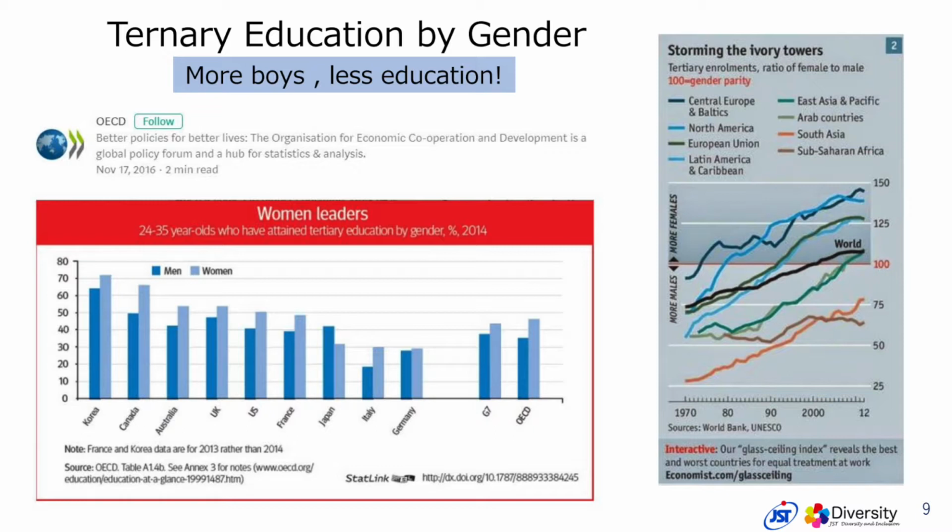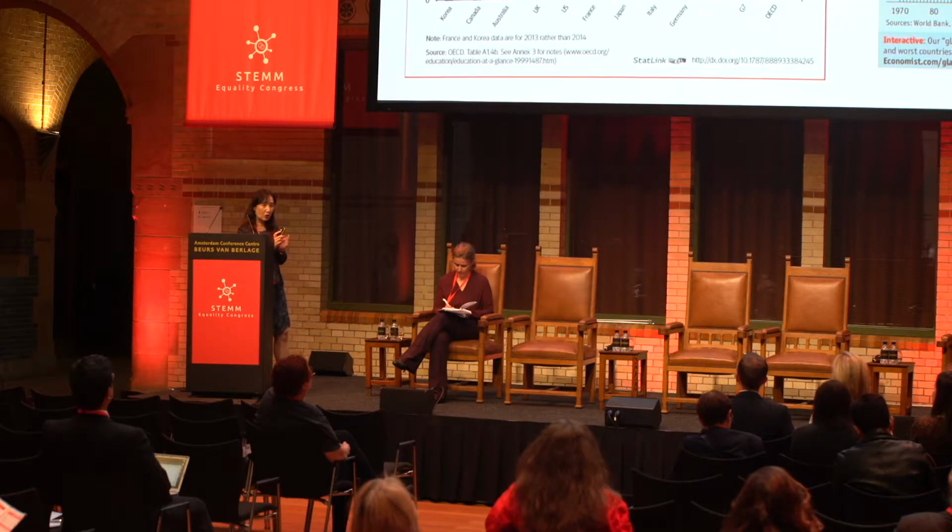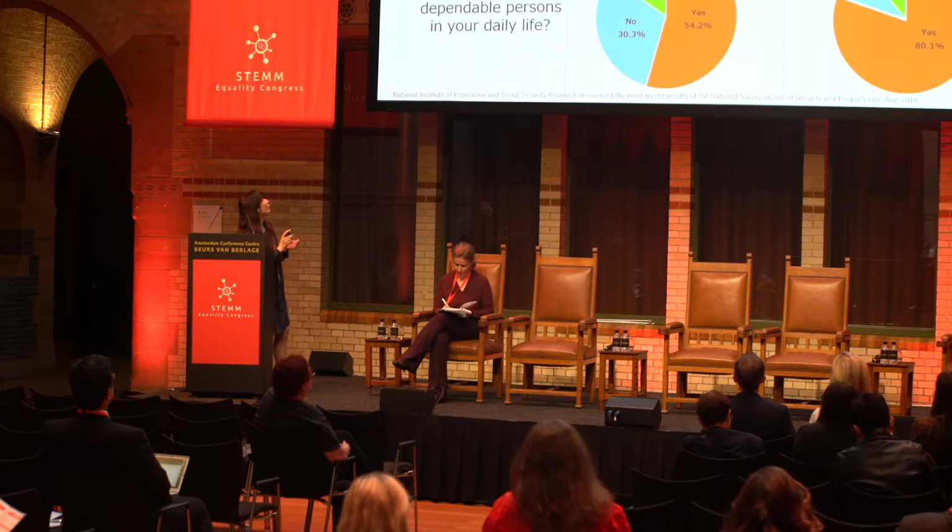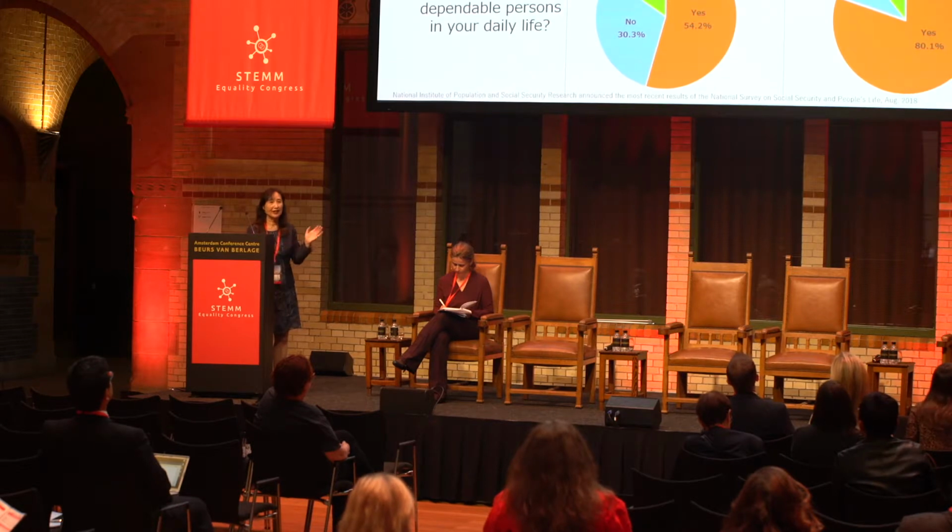Japan is the only country where more men take tertiary education; in the other countries, more women take tertiary education than men. So we will have a serious problem with less educated men in the future. You may think the younger generation is different, but the men's problem is also very serious for senior single men.